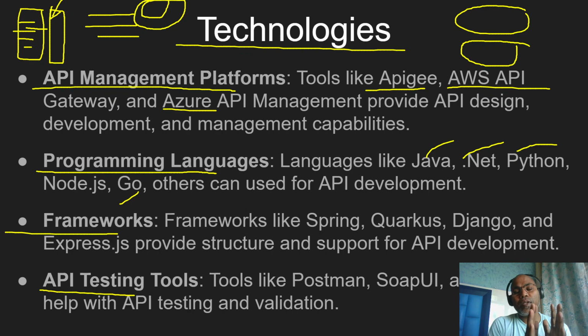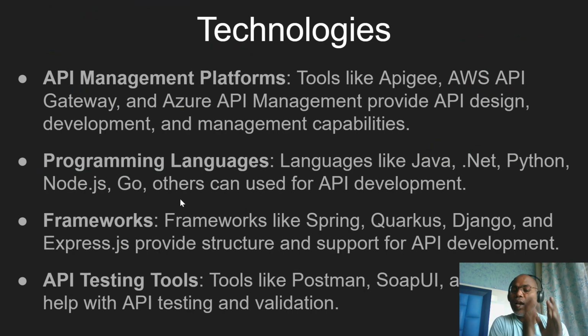So please carefully select technology for your API design and development: API management tools, programming language, framework, and your testing tool. All these help us build a system that is very flexible and scalable.